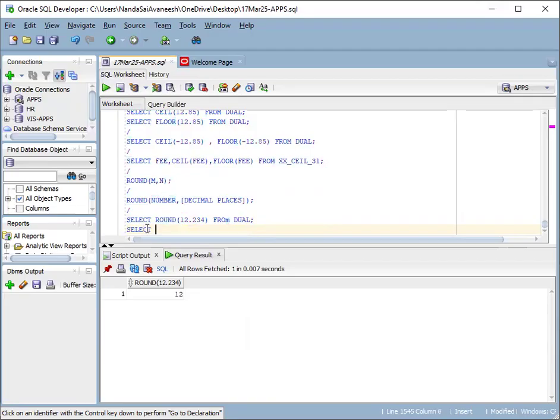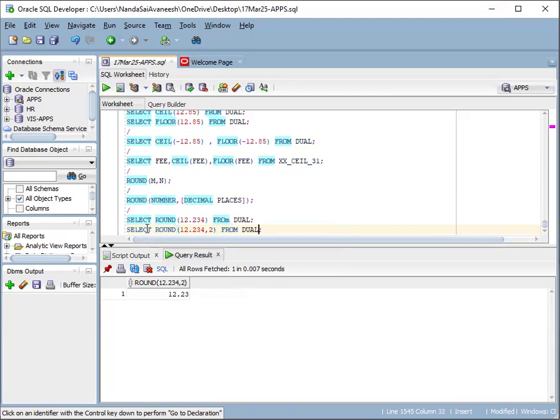Suppose select round of 12.234 comma 2 from dual. It is rounding the values after the decimal point places. So 2 decimal places it is considering, because we are providing the n value as 2, so it gives 12.23.